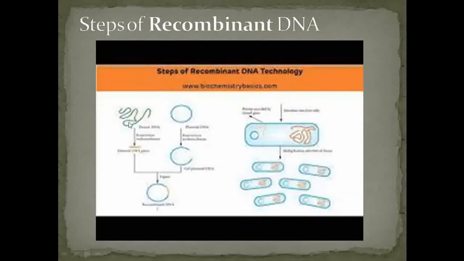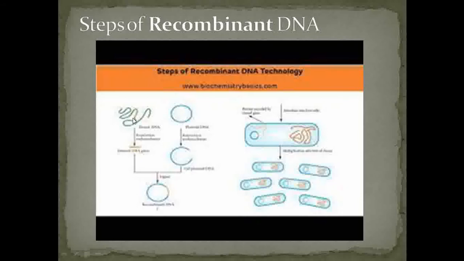Just see here what we require to formulate a recombinant DNA. This is the isolated DNA. That whole isolated DNA we can't transfer into the vector. We just have to transfer our gene of interest.